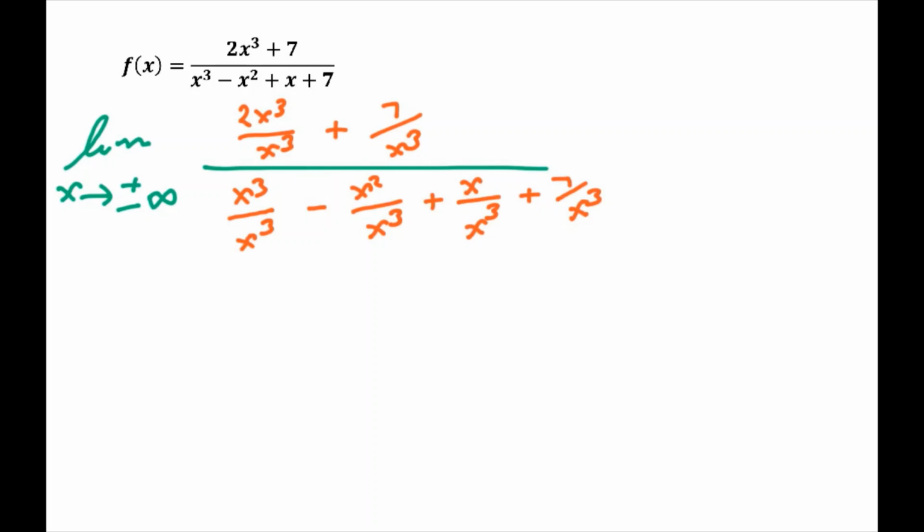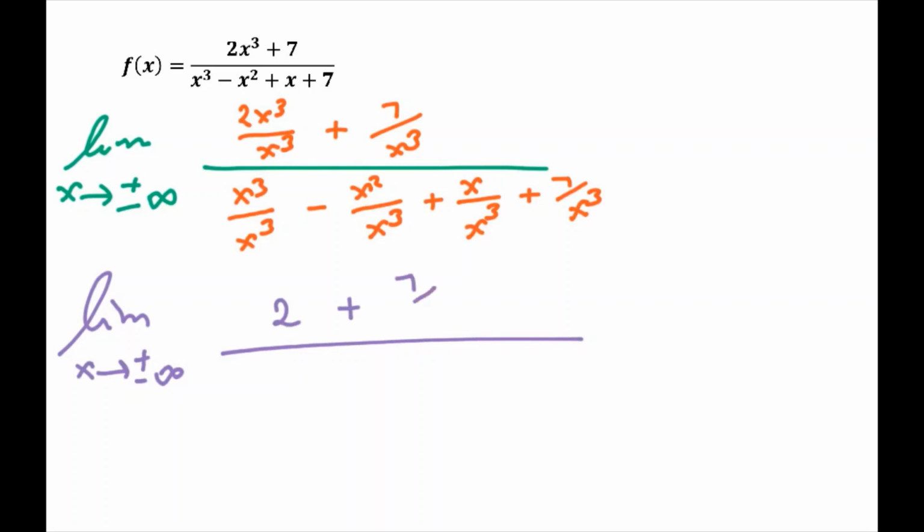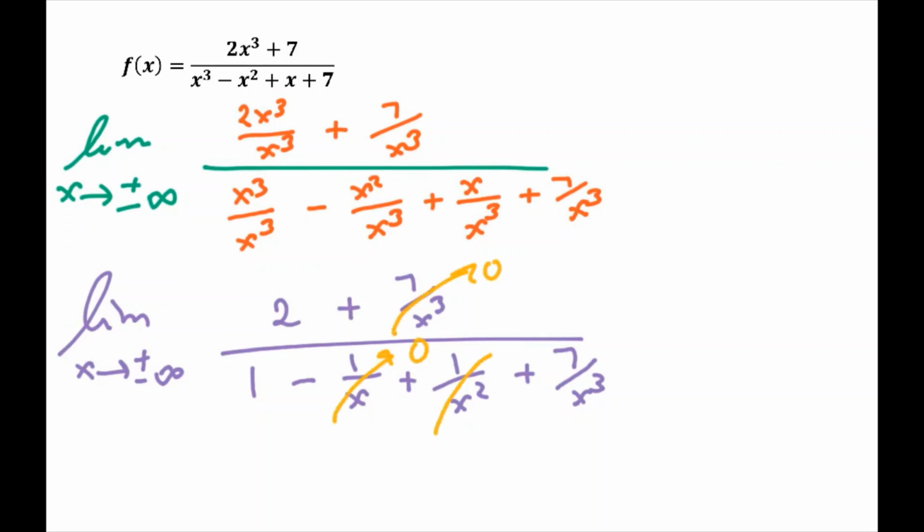Now simplifying, substituting by infinity, this is going to be 0, 0, 0, and 0, and the answer will be 2 over 1, which is 2.